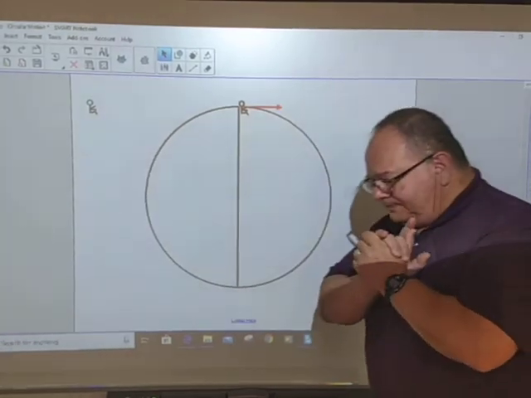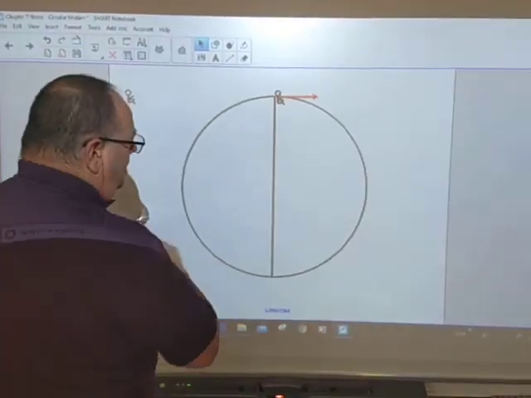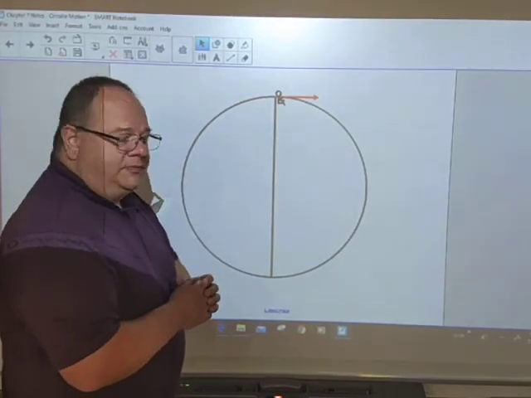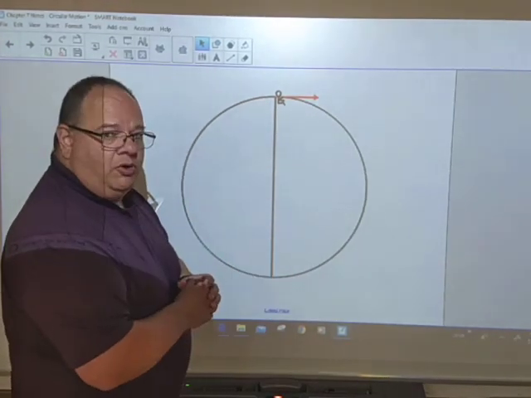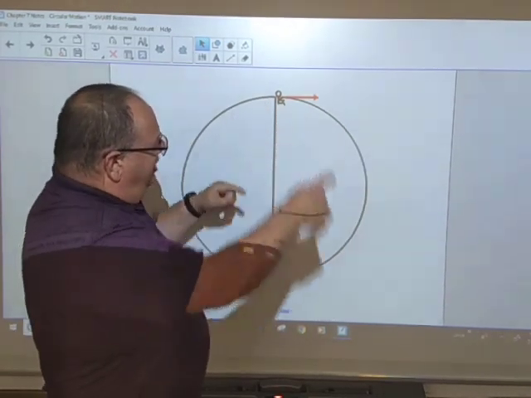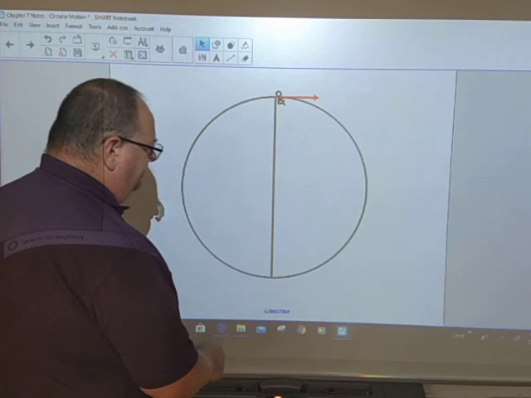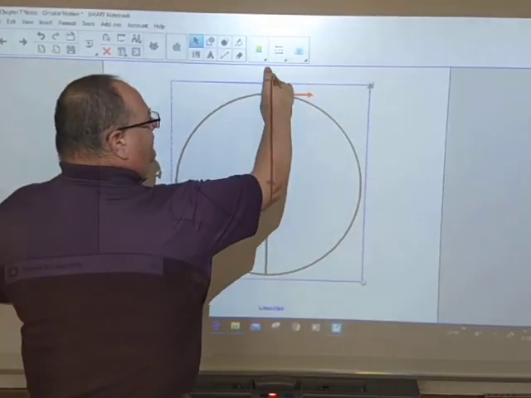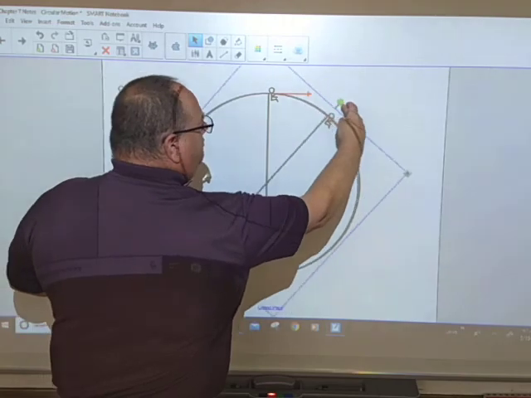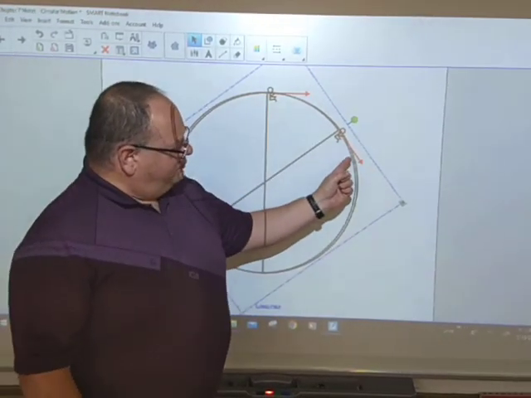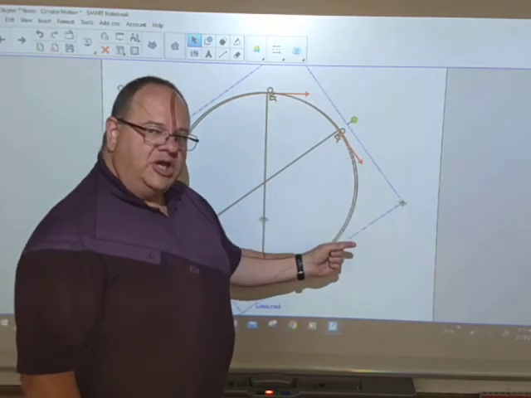All right, so we've got a circle, and I got a little guy on the circle. We could imagine this is maybe a merry-go-round. And so where this guy is sitting, if this merry-go-round is spinning, he's moving that way. Now, if we move this some, you see that the direction of his motion is always changing.